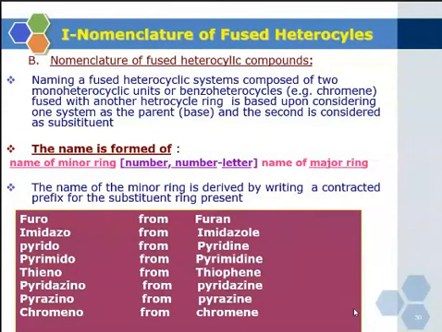Here, the name is formed of first the name of the minor ring, then the number, comma, number letter, followed by the name of the major ring. One heterocycle is attached to a second heterocycle. They are not fused, they are attached.